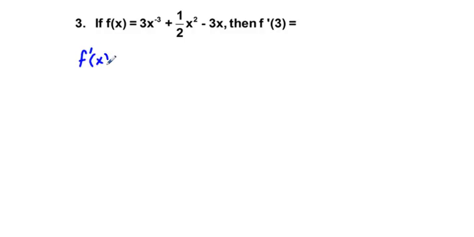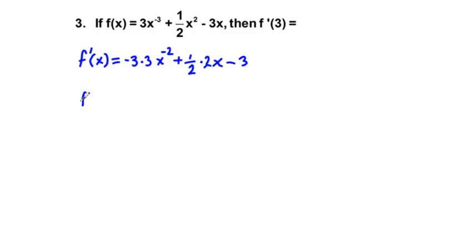We'll have f prime of x is equal to, we multiply by this negative 3, so we take negative 3, and that's going to be times 3 that we have here, and we're going to have x, and this x to the negative 3, we add 1 to negative 3, we get negative 2. And then we have plus, well, 1/2, and we take times 2, because this squared here will multiply by 2, and it's going to be x to the 1st power, and then that's going to be minus 3.